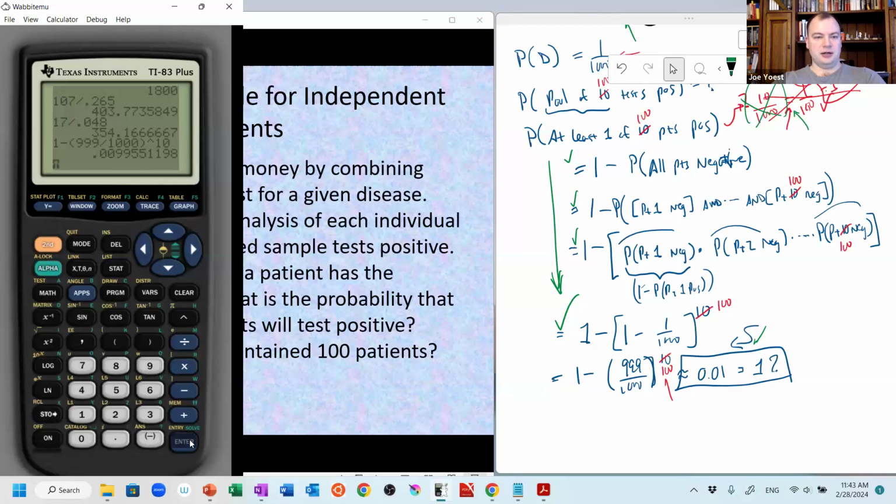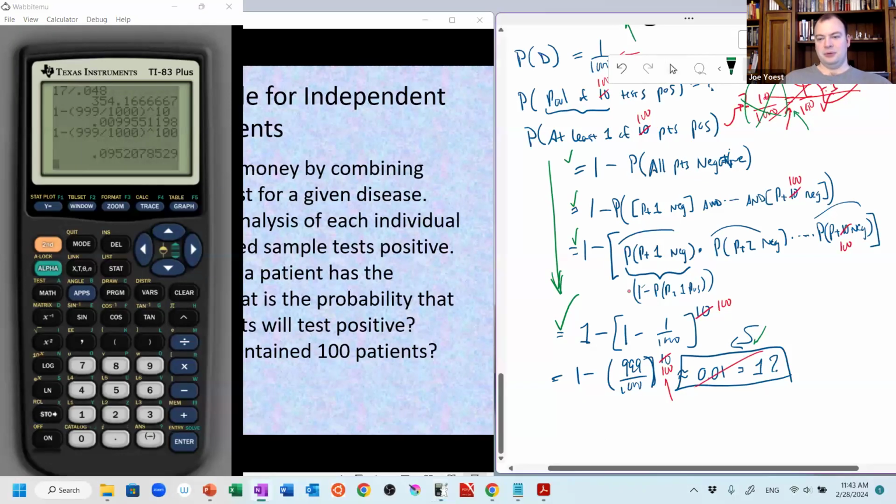So if I hit second enter, a super nice little shortcut, if you want to use what you typed in previously, second enter brings up the previous entry. Then I can just append a 0 to the end. And I see that for a pool of size 100, the probability that the pool tests positive is about 9.5%.